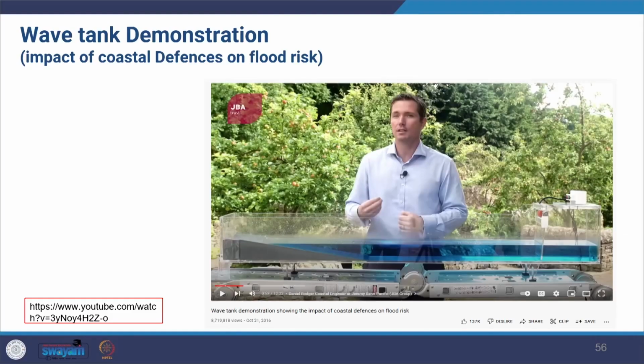That leads to a loss of intertidal habitat, which puts freshwater habitats at risk, and the habitats developed behind the sea walls. Here I have put a link to a video where you can see this coastal squeeze mechanism and try to understand what the problem is and how it happens. I've given this link in the suggested read and watch.